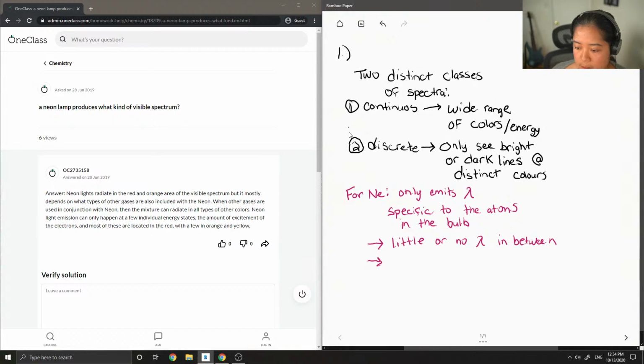So it tends to radiate in both the red and orange area in the visible spectrum.